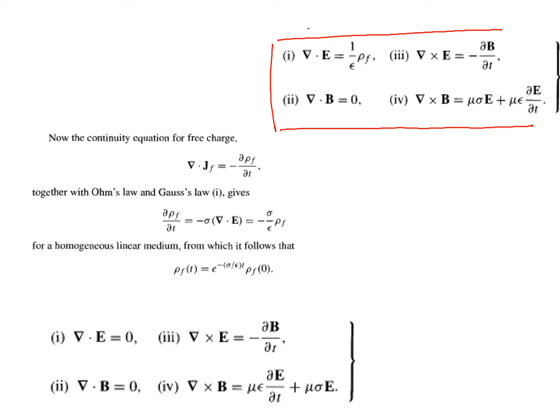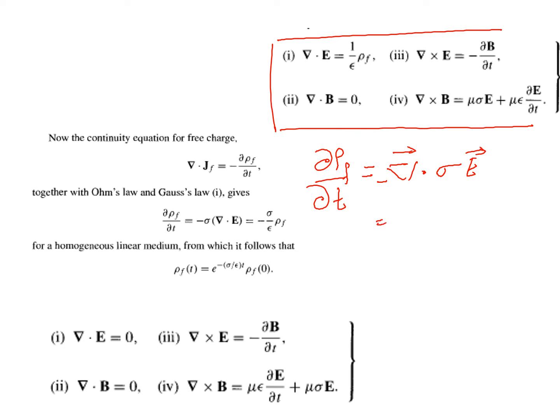Using this, Ohm's law and Gauss's law, we can write dou rho f by dou t equal to minus del dot Jf, and since del dot J equals minus dou rho by dou t, we replace J by sigma E.